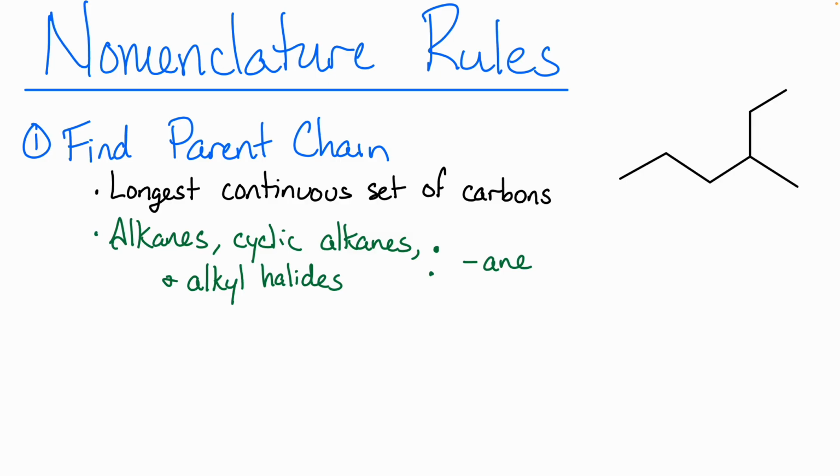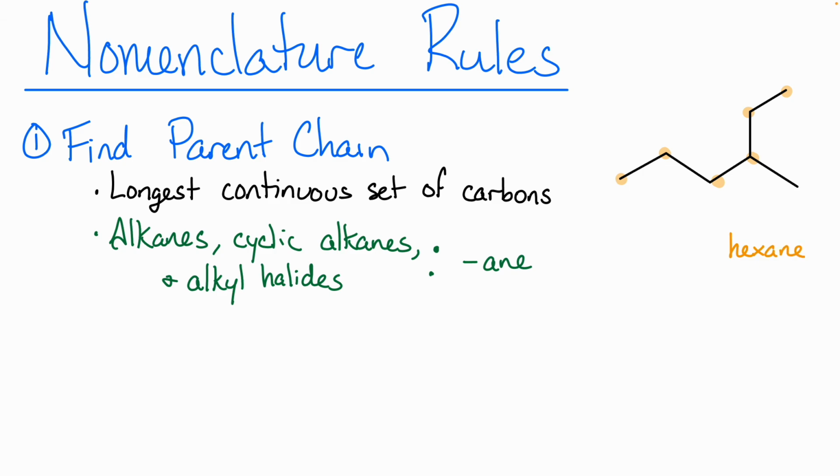All right, what do we got? How many carbons are in our parent chain? Cool, so I tried to be a little bit tricky here by making everybody think that they would just be reading left to right again. But no, we got to find the longest continuous set of carbons. That would be these 6 right here. Okay, so my parent chain in this molecule is hexane.